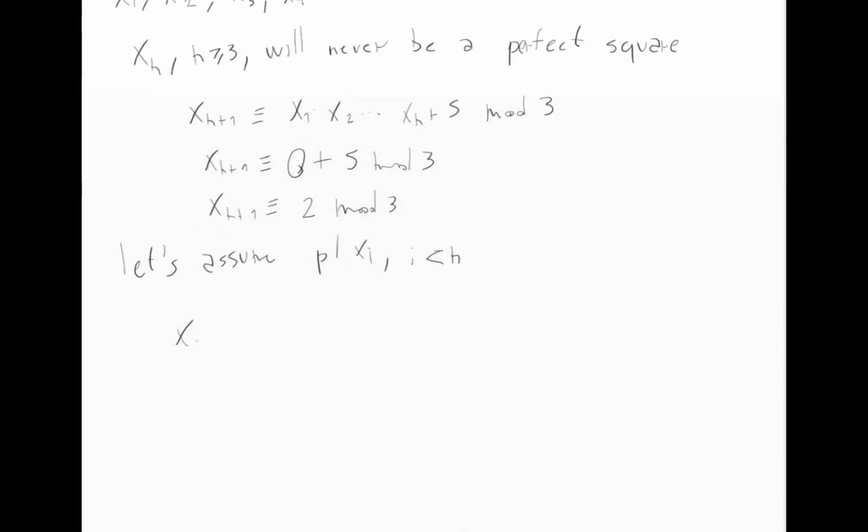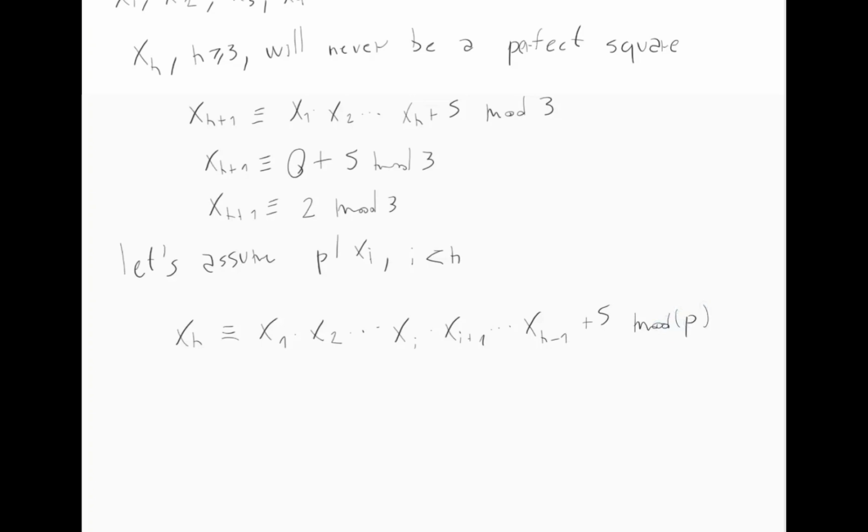Then xn is congruent modulo p to x1 times x2 and so on, until we get to xi times xi plus 1 and so on until xn minus 1, plus 5 modulo p.